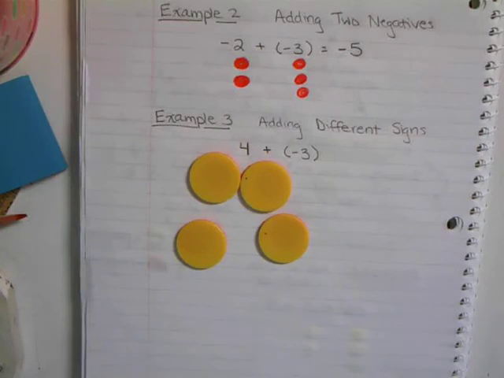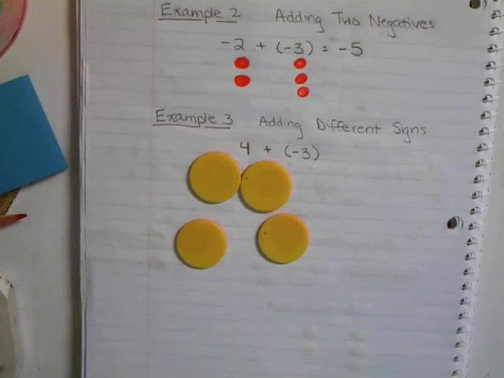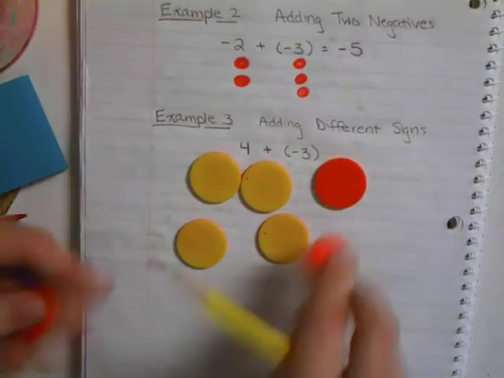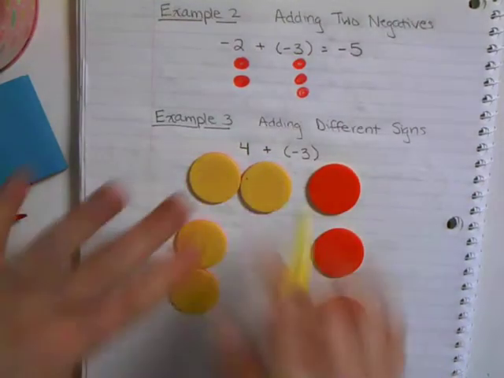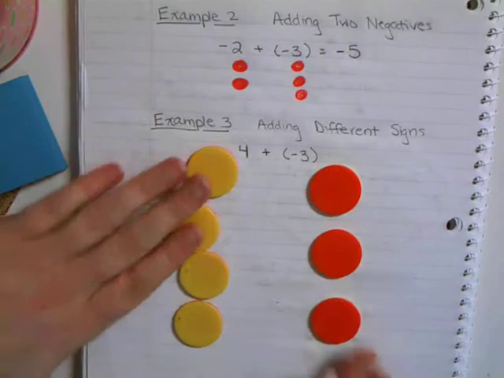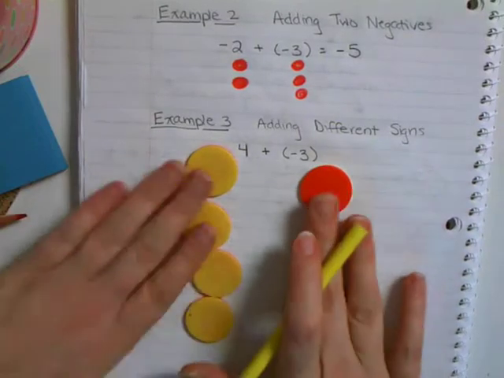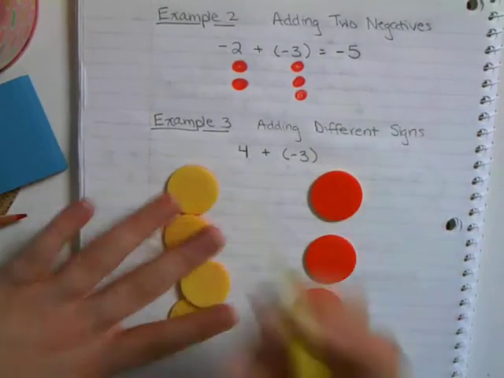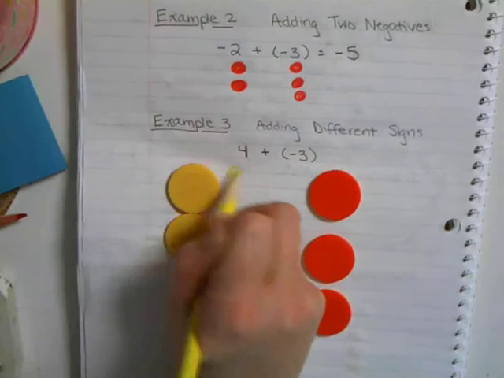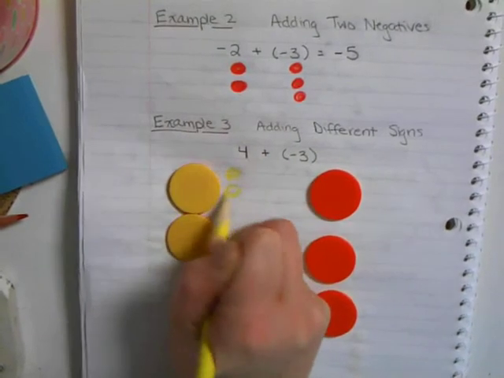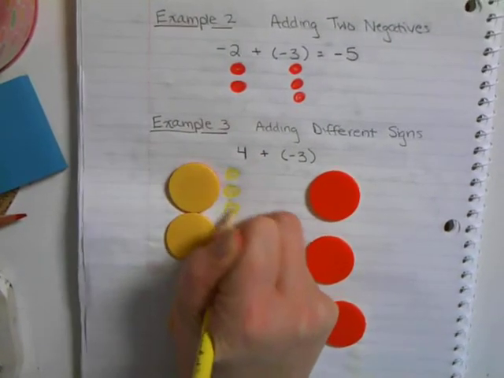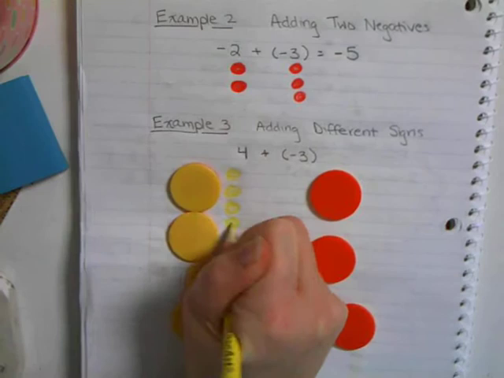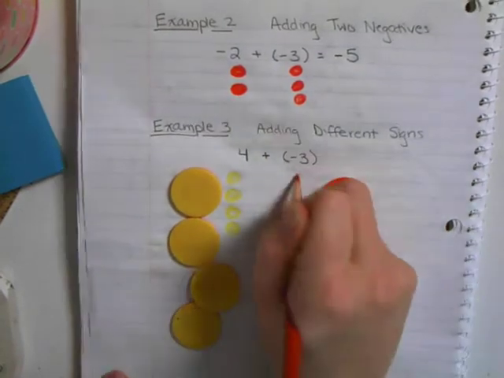So I have a positive 4, and then I'm going to add how many reds? 3. I'm adding 3 reds. Okay. Now, where this gets complicated, go ahead and draw your 4 yellows and your 3 reds.